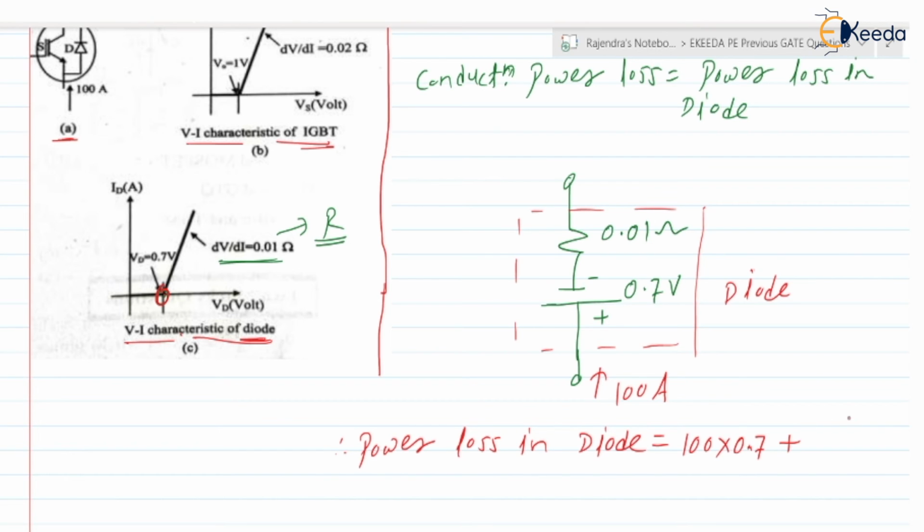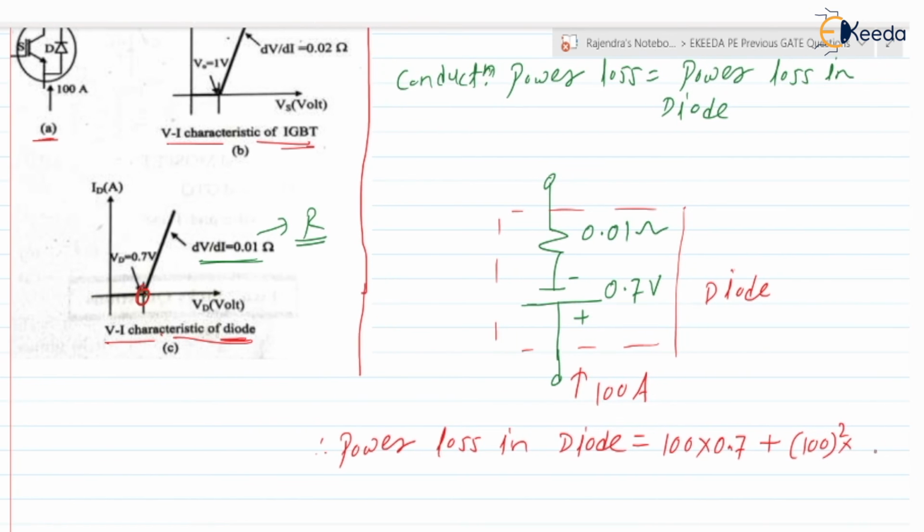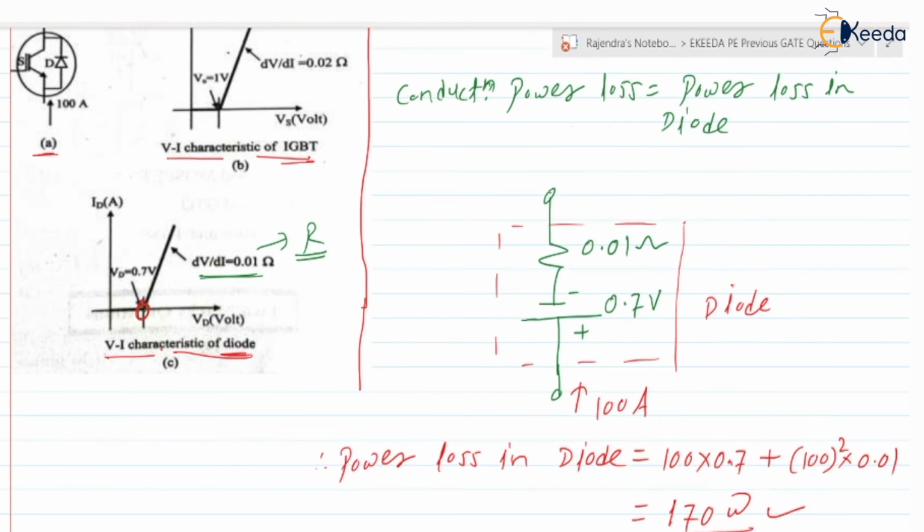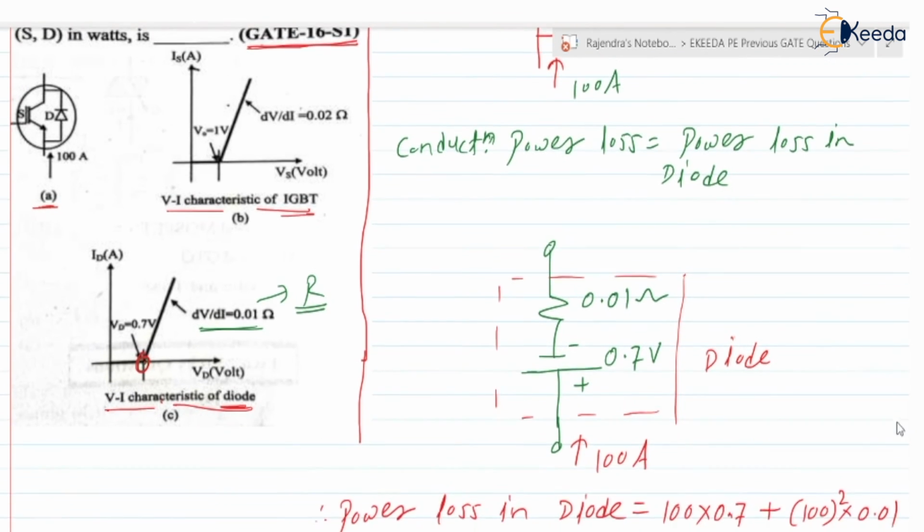So it is I square R, that is 100 square into 0.01. So it is equal to 100 into 0.7 plus 100 square into 0.01, which is 170 watt. This is the power loss in a diode, which is nothing but the conduction power loss.